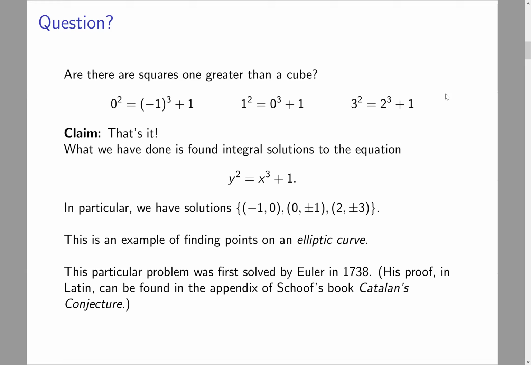This particular problem was resolved by Euler in 1738, and you can find his proof in the original Latin. Well, I don't know if it's the original or a transliteration into Latin, but his proof is written in the appendix of Schoof's book called Catalan's Conjecture, and in that book you actually have another solution that's in English, so you can compare that as well.